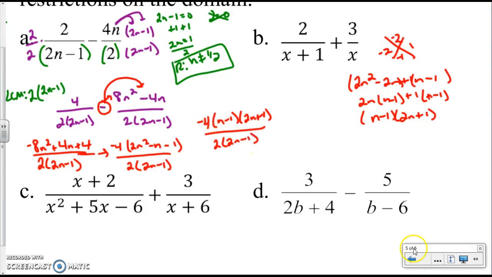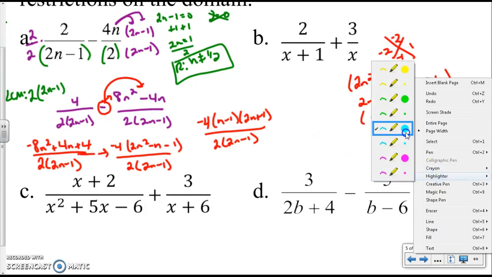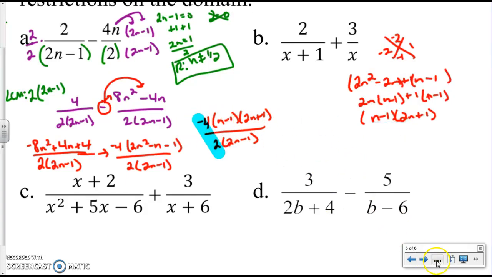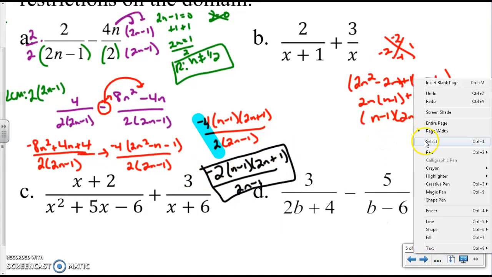minus 1. And the only thing I can simplify, because the 1's plus 1's minus there, is actually reducing this. So if I reduce that, my final answer is negative 2 times n minus 1, 2n plus 1, over 2n minus 1. Okay, and that took a ton of room, so I apologize for that.